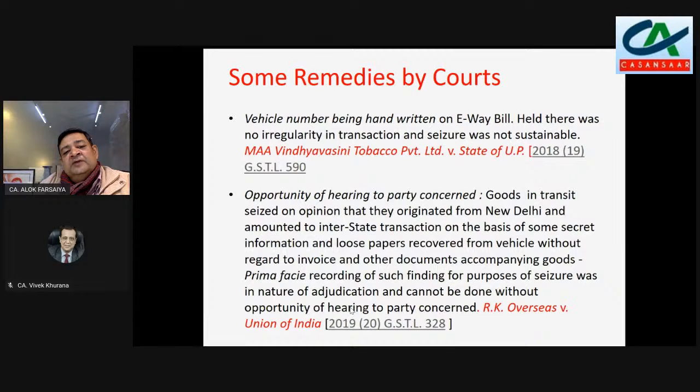The opportunity of hearing should be given to the supplier or the recipient. Without that, such findings should not be made. These sorts of problems also come up in bill-to-ship-to models, or where the e-way bill is being generated by the middleman or the recipient of goods, where these errors take place.